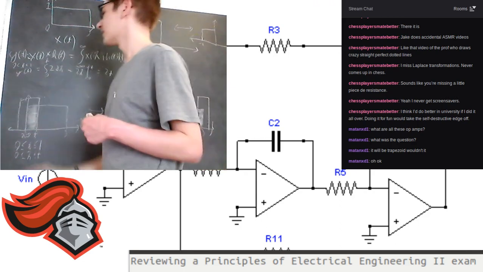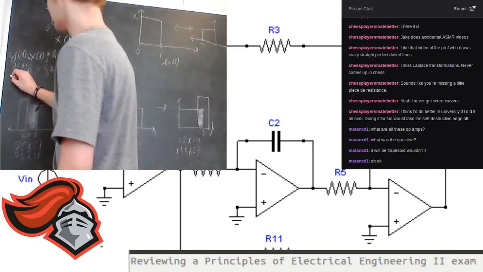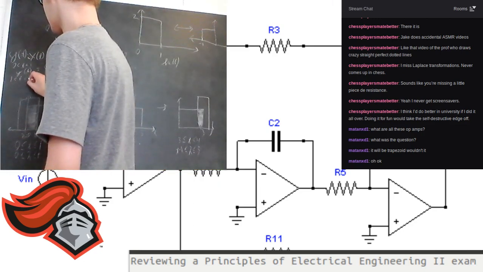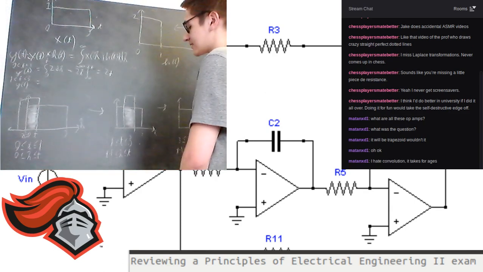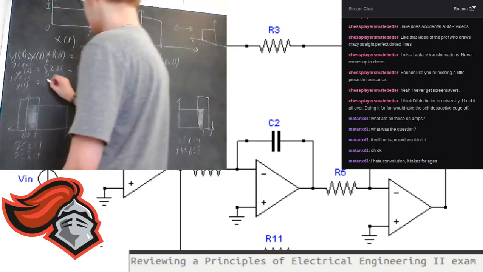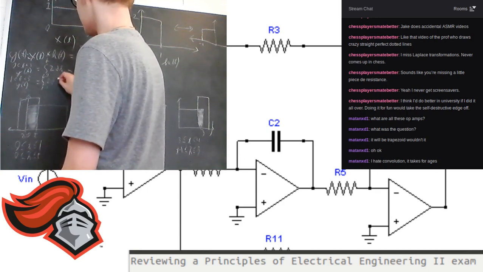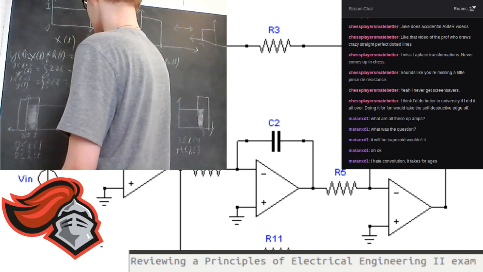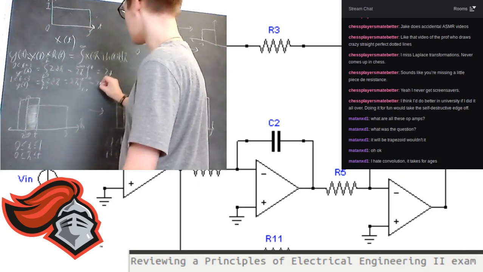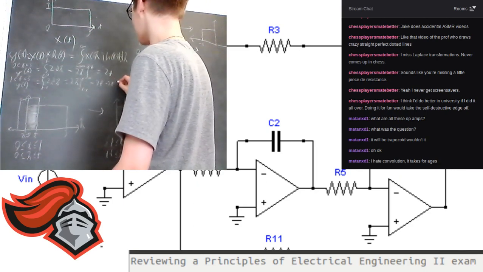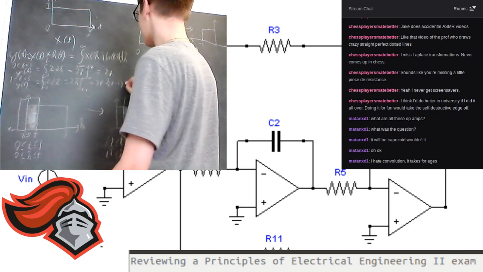So here's our function for this interval. For this interval from 1 to 3, we have y of t equals integral from t minus 1 to t of 2 d lambda, which is just 2 lambda from t minus 1 to t, which is 2t minus 2t minus 2, which becomes a plus, so it's just 2.